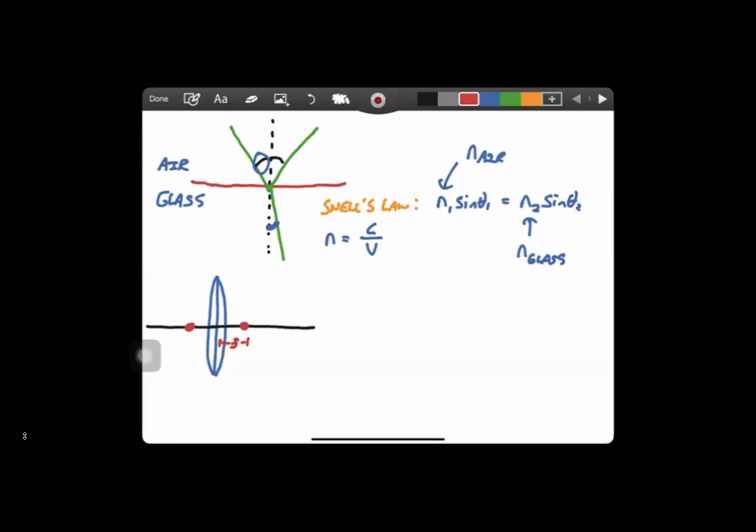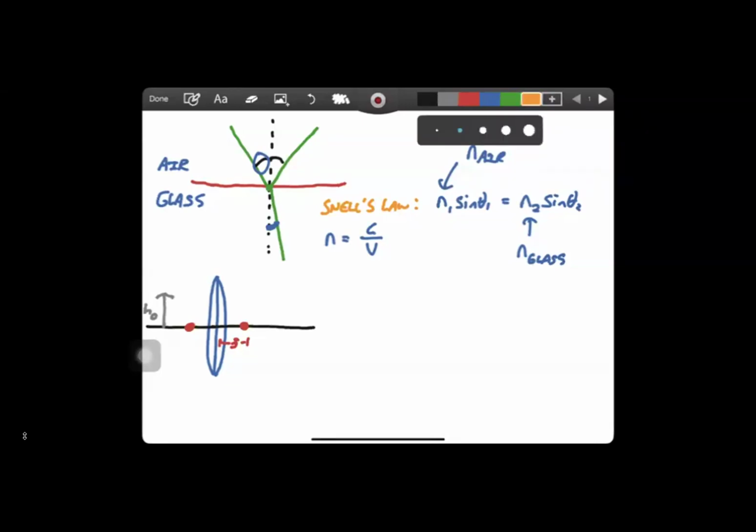And so then what we did is we had these different rays that we traced. So let's say we have some object, and we'll represent it by an arrow. And so we have some initial height of the object. And then from the top of that object, I'm going to trace rays.